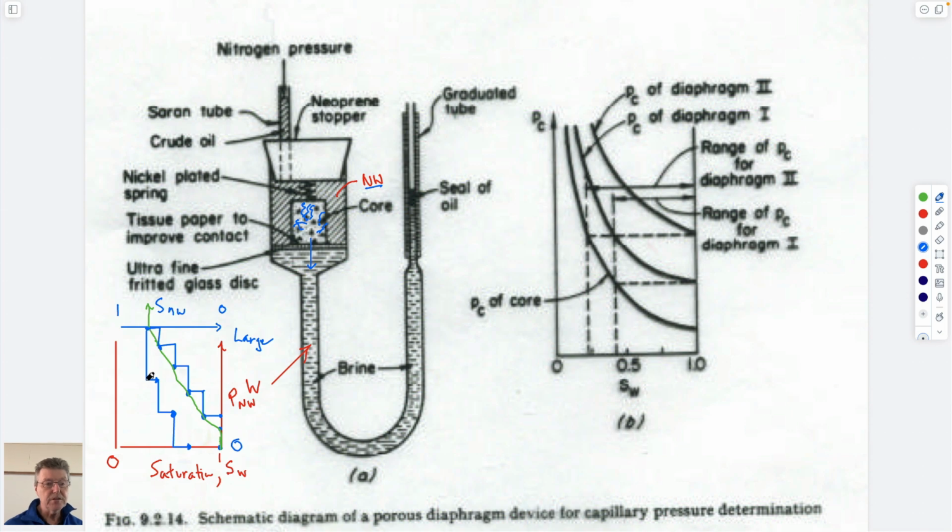Each time you've dropped the pressure, it's out of balance. It's allowing more of the non-wetting fluid to come out. Once it's here, everything's in balance. All the forces are in balance. And so the other curve that you can draw on this, I think this is your assignment number 3, by the way, joining these will look like this.